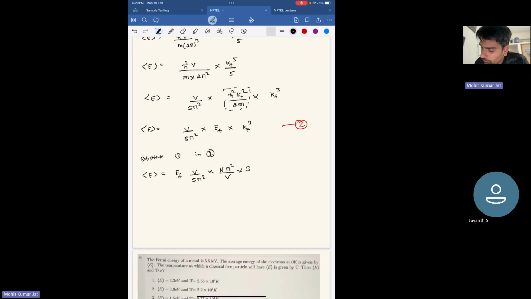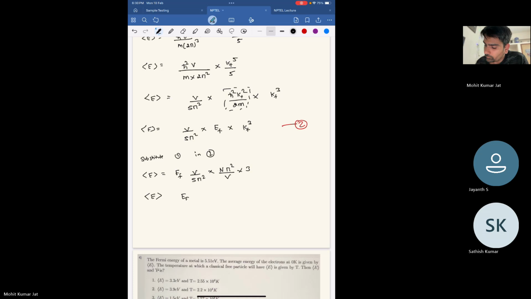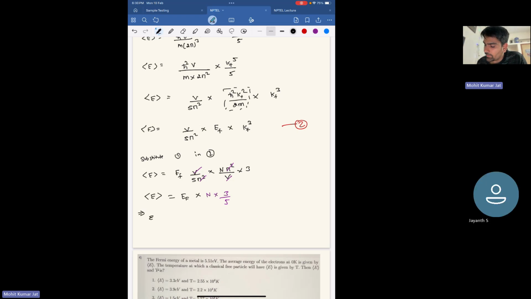So this goes as EF times, V cancels, π² cancels, EF times N times 3 by 5. And the question is asking for the energy per unit state, that will be the average energy divided by the total number of particles, and that will be 3 by 5 times EF.